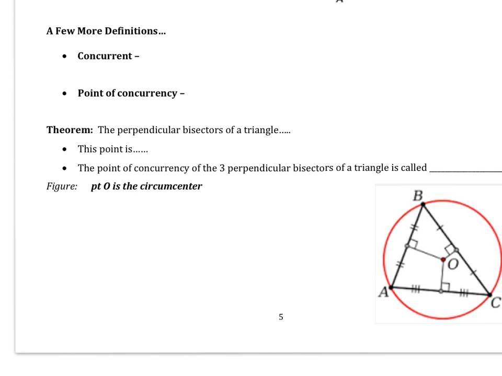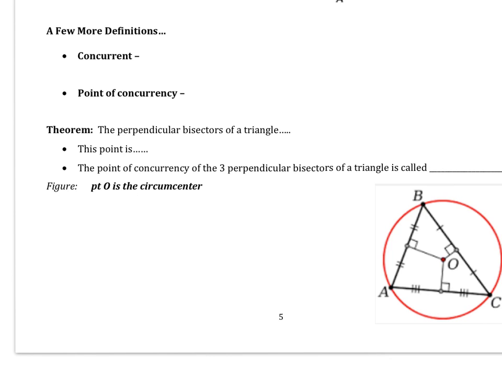Now, because we're going to use the word concurrency, point of concurrency, anybody know what concurrent means? What's C-O-N? Together with. All right, so concurrent means they're going to come together or at the same time.